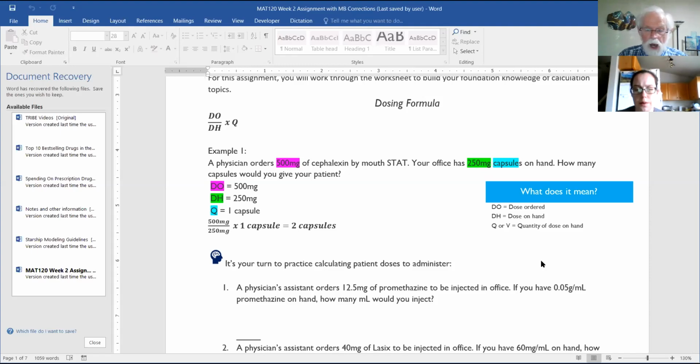So, you know, I don't care which method. What I suggest strongly, though, is that whatever method you decide to use, you use it every single time you do a conversion. Because if you mix and match, you're going to get an error.